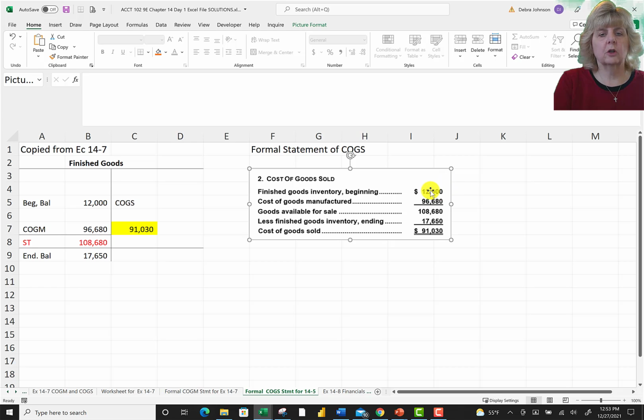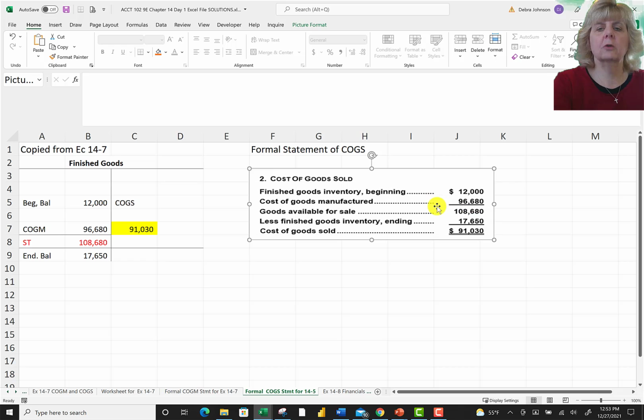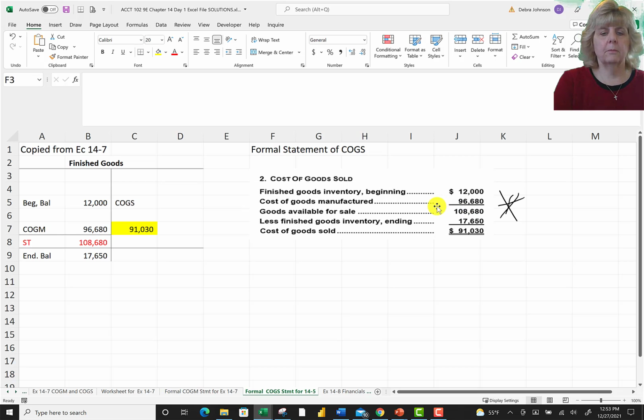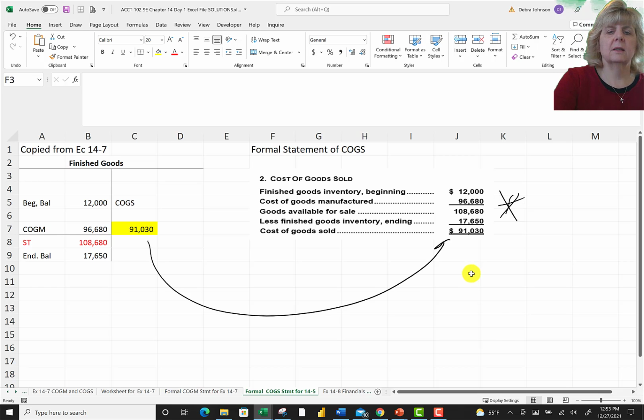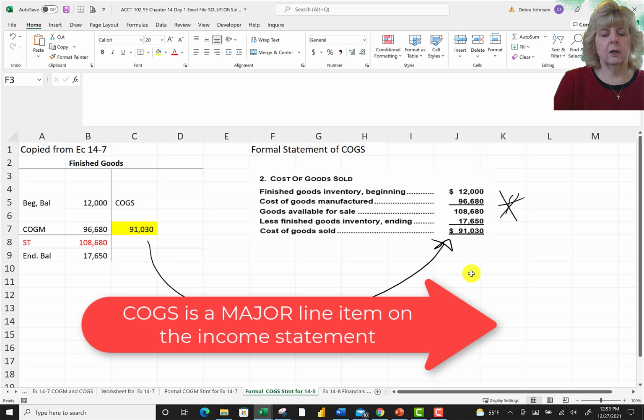It was what we started with, plus the cost of goods manufactured, and by the way, that line item there came from the previous tab where we calculated that. We summed up those amounts. We took out the ending inventory because, of course, the ending inventory hasn't yet been sold. And we came up with the exact same answer as we had anticipated.